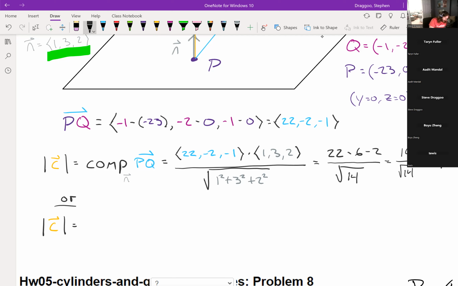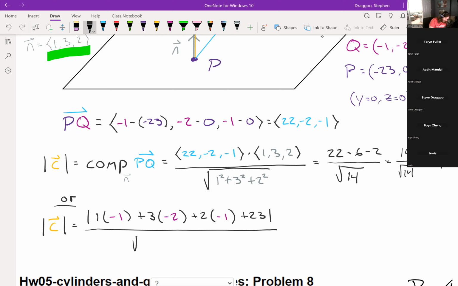We can use the other version of the distance formula, which looks like this: 1 times -1 plus 3 times -2 plus 2 times -1 plus 23. All of that over the same magnitude that we would have just calculated.